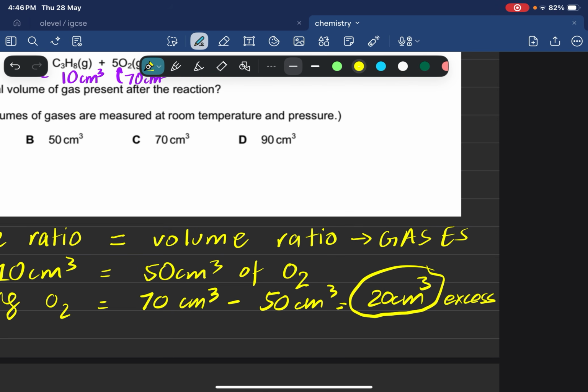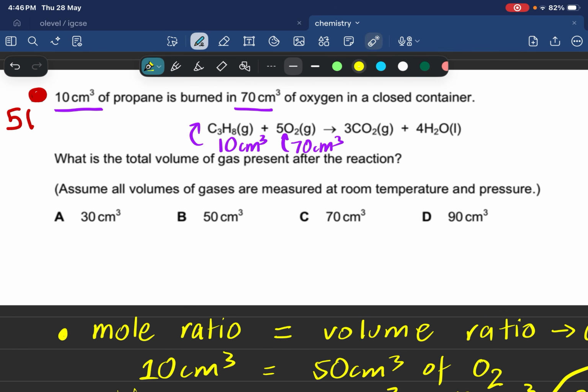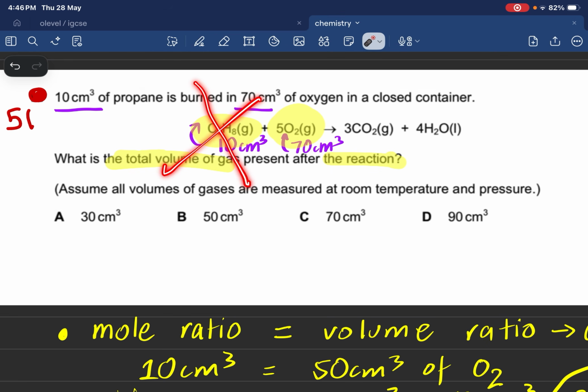Now, the problem is we are not only dealing with the amount of oxygen left. The question is very important. The question says, what is the total volume of the gas present after the reaction? We need the total volume of the gases. How many gases do we have? We have one gas, O2, that was left behind. This propane gas was all used up. The 10 cm cube was used up. This 50 was used up, 20 was left.